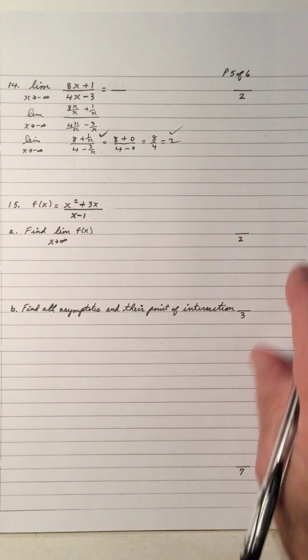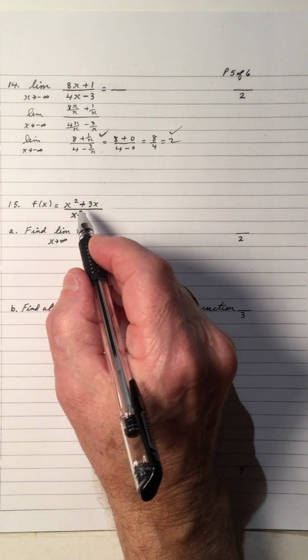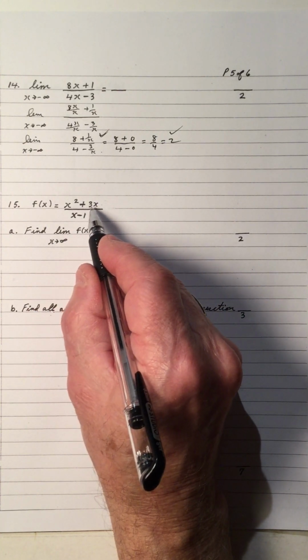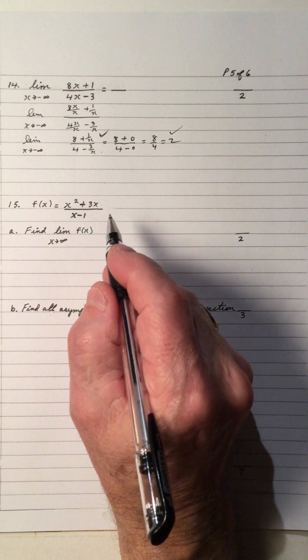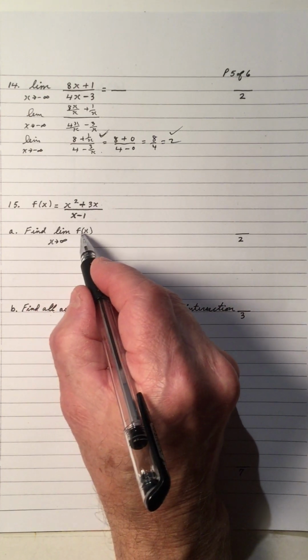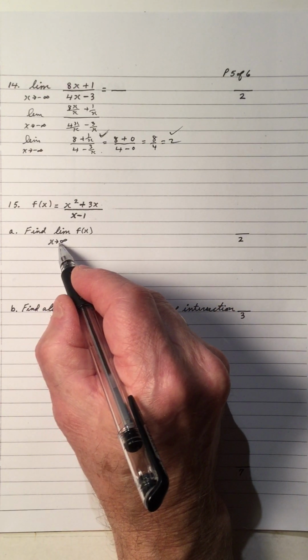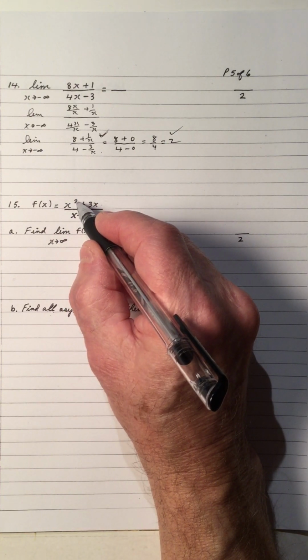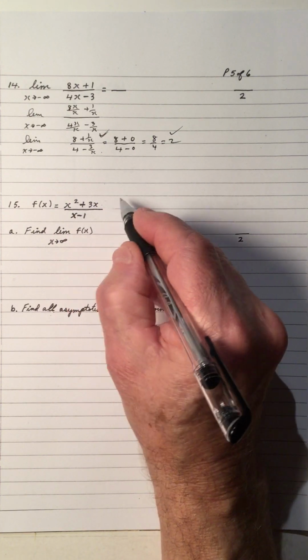Number 15, what about we have f of x equals x squared plus 3x divided by x minus 1. It says find the limit of f of x as it approaches infinity. Notice the power on the top is larger than the power at the bottom.